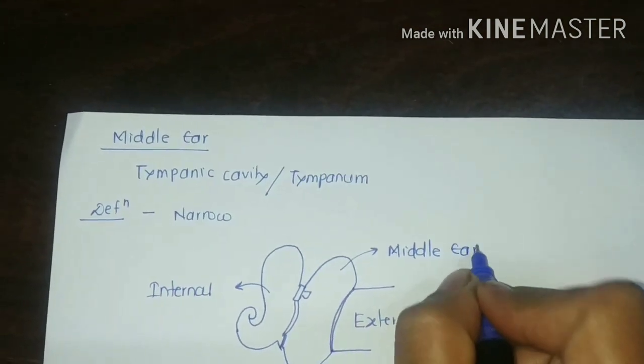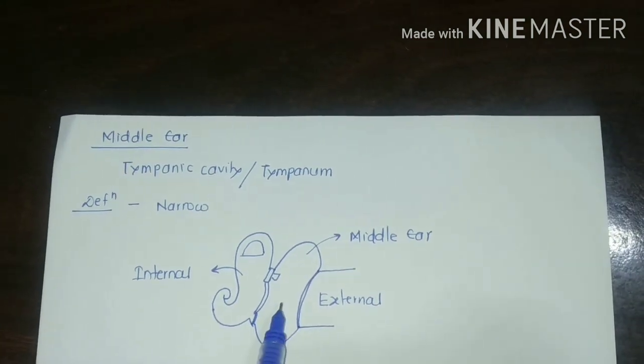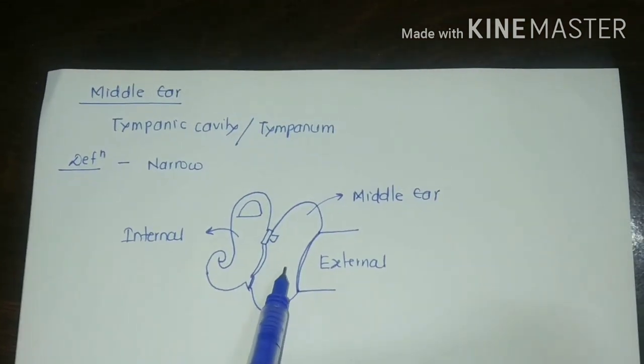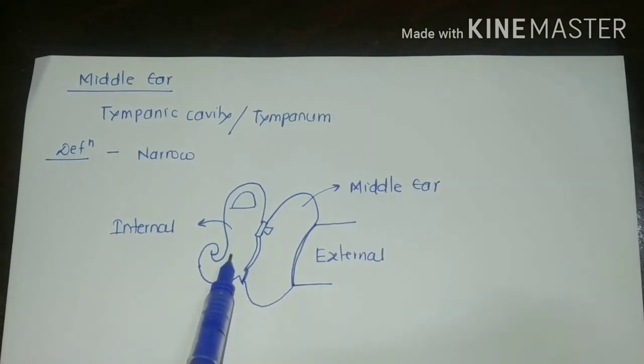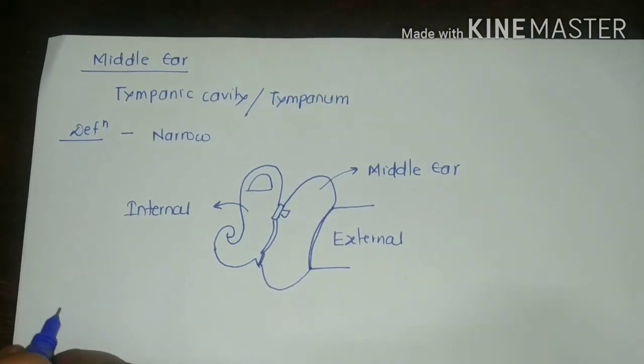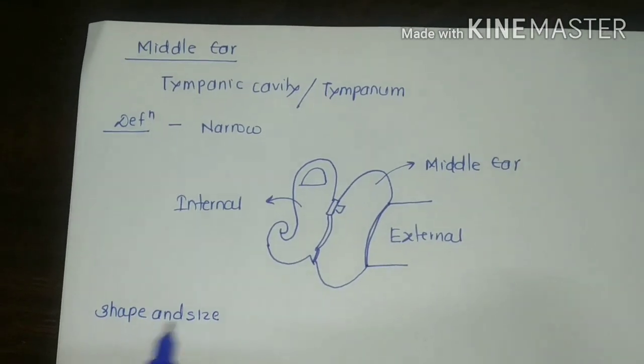So it is a narrow air space which is situated in the petrous part of the temporal bone between the external and the internal ears. Now coming to its shape and size.